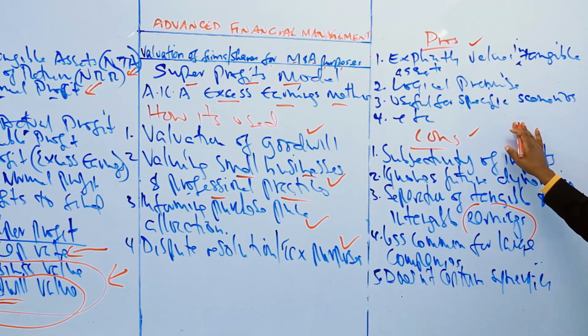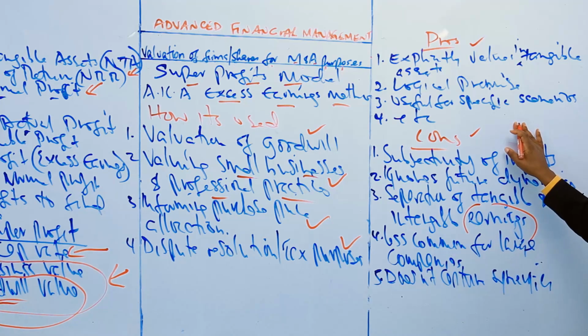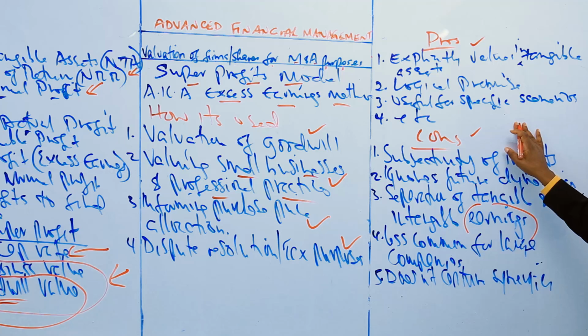In closing, candidates, it's important to remember that the super profits model, also known as the excess earnings method, is a specialized valuation technique that offers a way to quantify the value of goodwill and intangible assets.